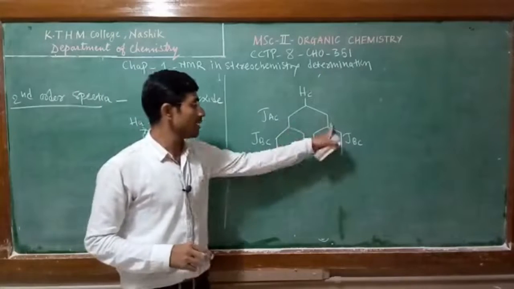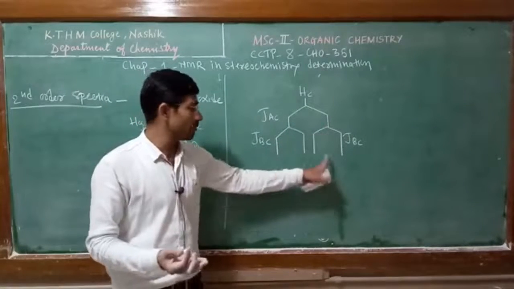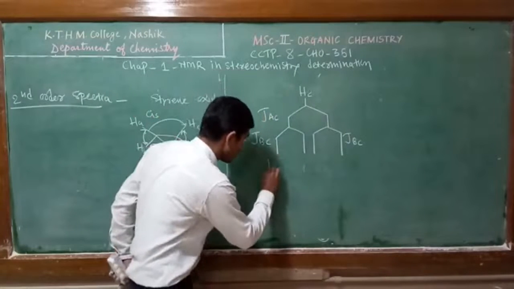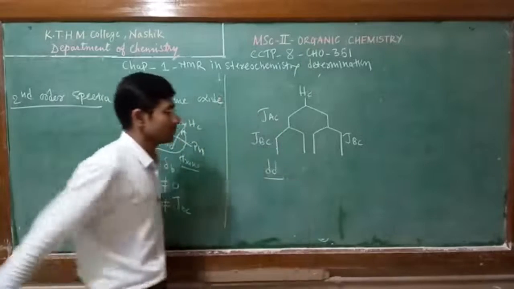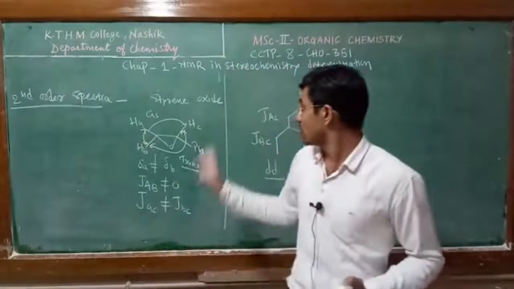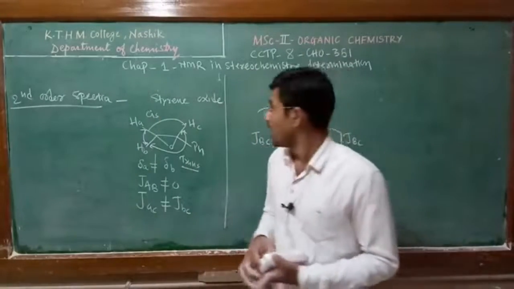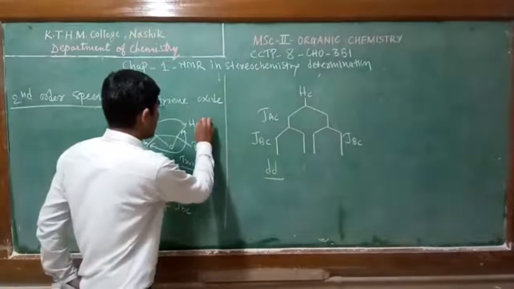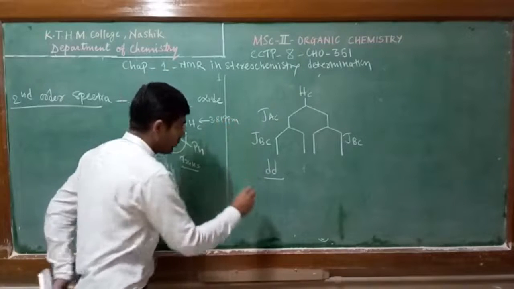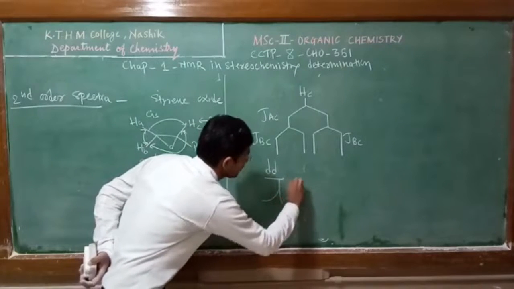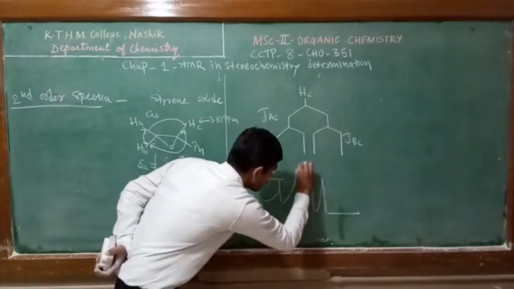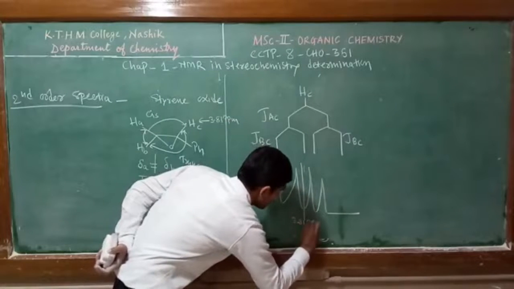So we get firstly a doublet, and each doublet is further split into a doublet. This type of splitting pattern is called a doublet of doublets. So the Hc proton gives 4 peaks here, a doublet of doublets, with a chemical shift value of 3.81 ppm. So we get the 4 peaks like this in the 1H NMR spectrum, centered around 3.81 ppm.